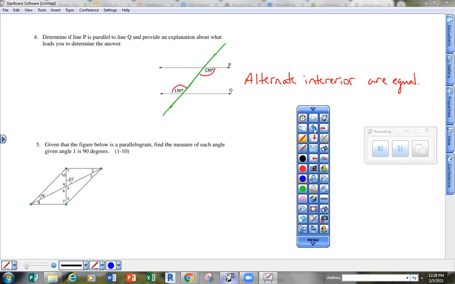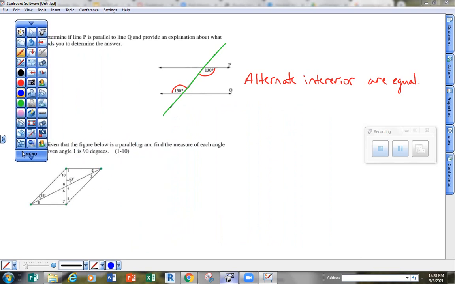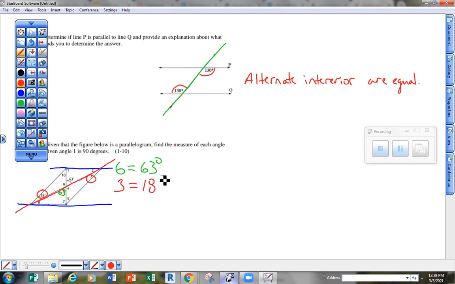All right, and then this one we worked on together, all the little parts, knowing that if this is 63, angle 6 is 63 degrees. Vertical angles. Know that you have a parallel set of lines with technically a transversal going through them, which means this little bitty angle 18 is equal to angle 3. 3 is equal to 18 degrees there too.